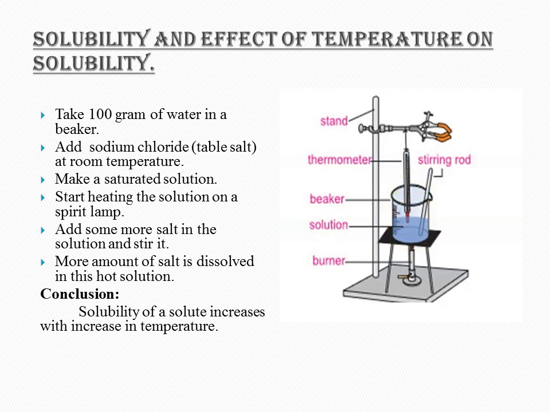Start heating the solution on a spirit lamp. Now add some more salt to the solution and stir it. You will see that more salt dissolves in this hot solution. So from this experiment we can conclude that the solubility of a solute increases with increase in temperature.